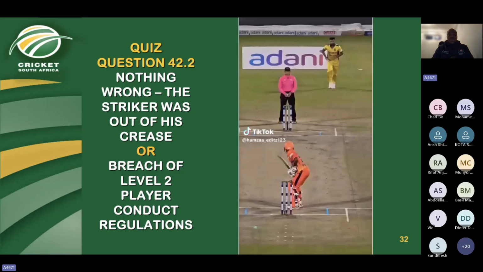Nothing wrong. Or is this a breach of level 2 player conduct regulations? And we'll learn about level 1, 2, 3, and 4 player conduct regulations as per law in the next few slides. So let's watch this video first, and those of you who do know can give this a try. Those of you who don't know can also give this quiz question 42.2 an attempt.